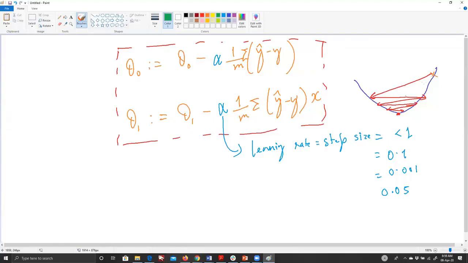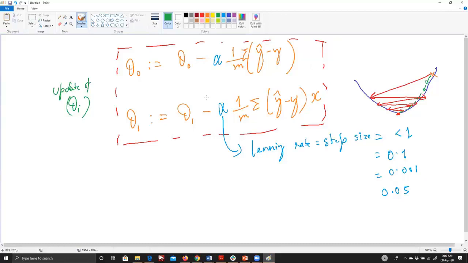So rather than jumping directly, it starts to go like this. Okay, so this gives the complete equation for the update of theta, right? And the idea is you keep doing it till no more changes happen in theta 0, theta 1, and then you stop.